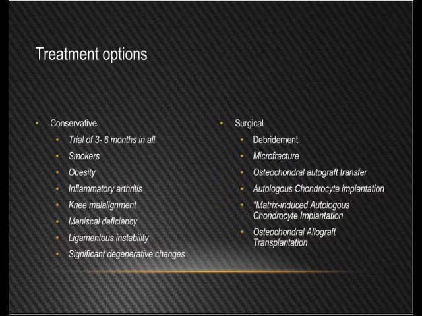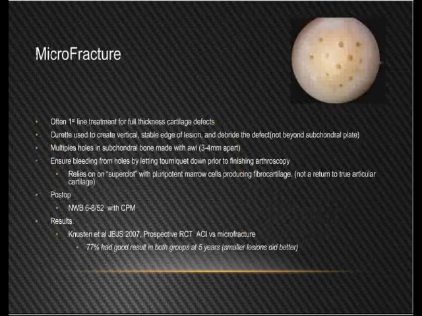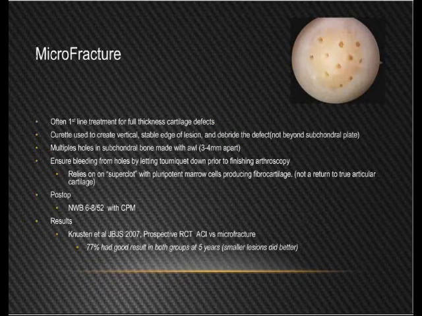The theory behind this is that the blood forms a superclot of pluripotent marrow cells, which are quite good at producing fibrocartilage. The aim of this treatment is not a return to true articular surface, but rather a hybrid fibrocartilage that will help relieve symptoms.